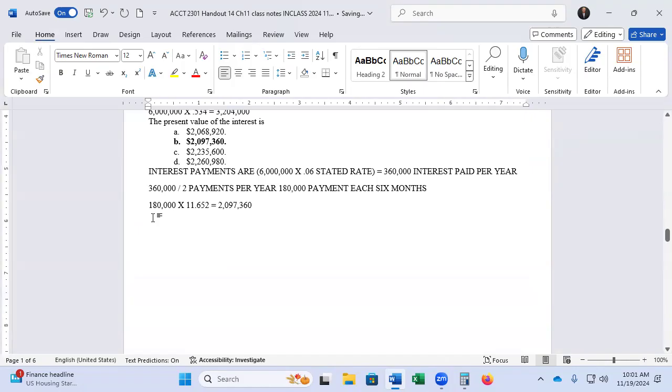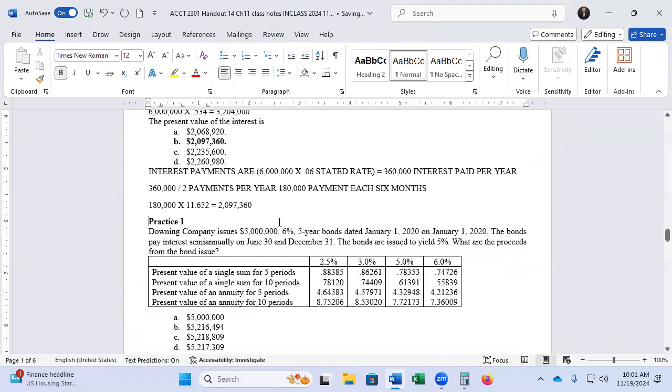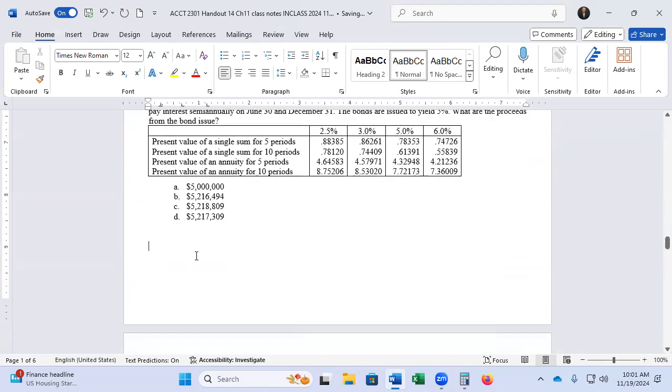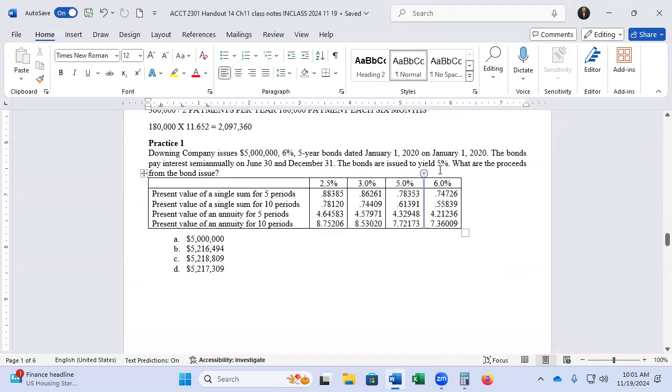Okay, we got a practice question for you next. Please take a couple minutes and calculate what are the proceeds from the bond issue.